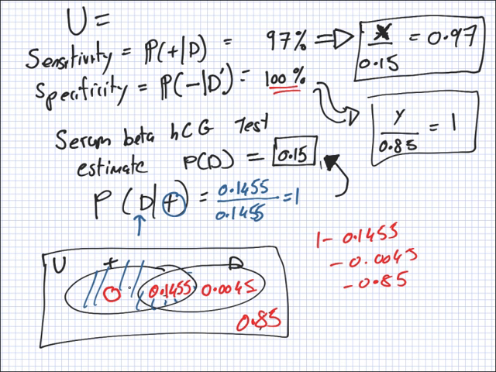Yeah, I understand. But it would be over positive. On the top is this number, and on the bottom is this number. It's just in this example it doesn't matter because they're both the same, if you got the right answer.